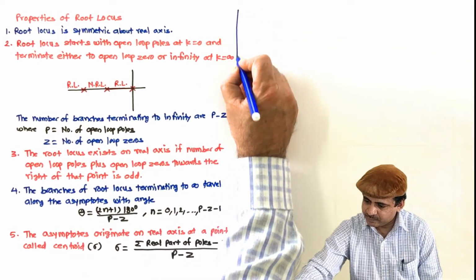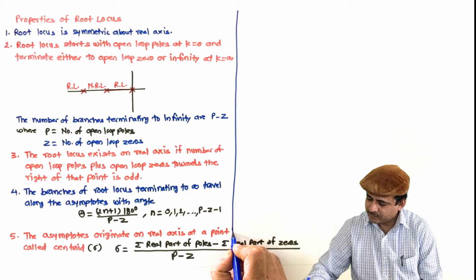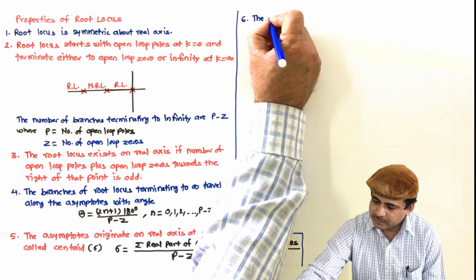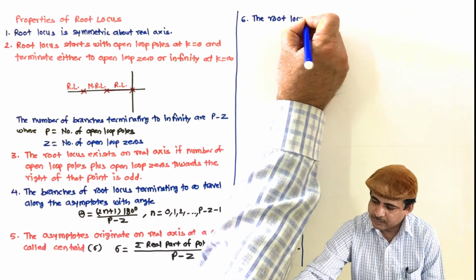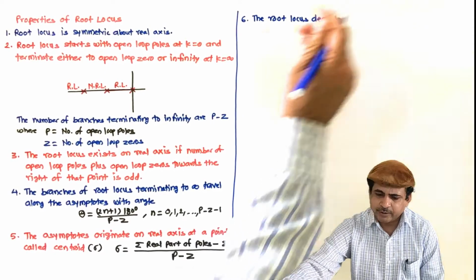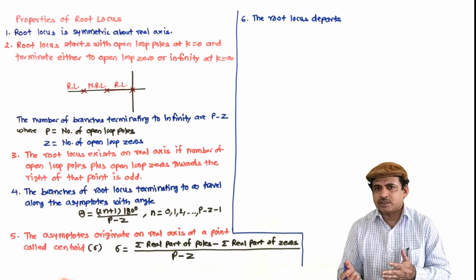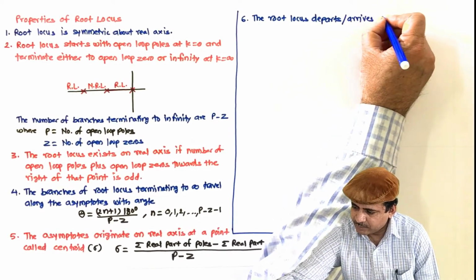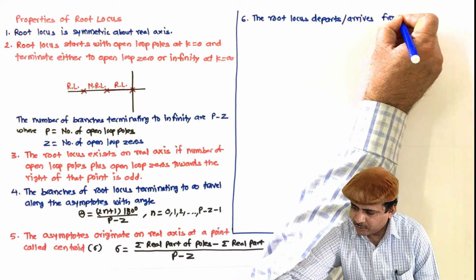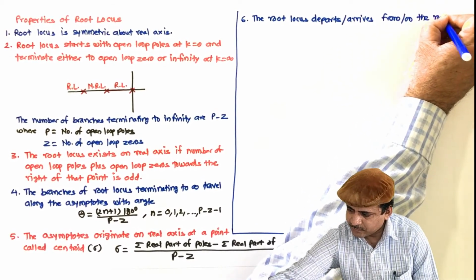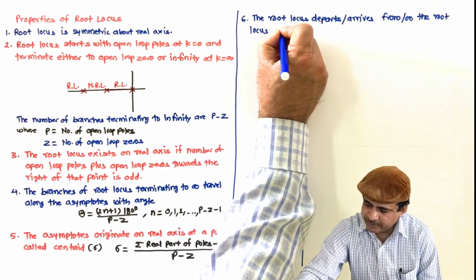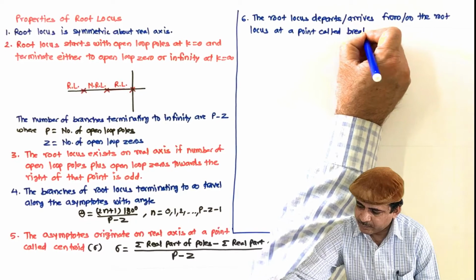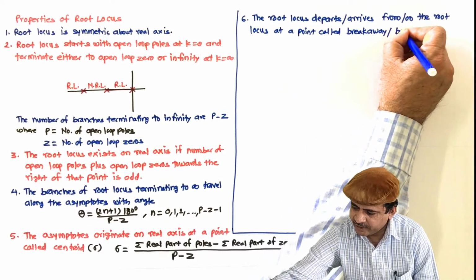So the sixth property is: the root locus departs from, or even it may arrive on the root locus from, the imaginary plane, at a point called breakaway point, or it may be break-in point.